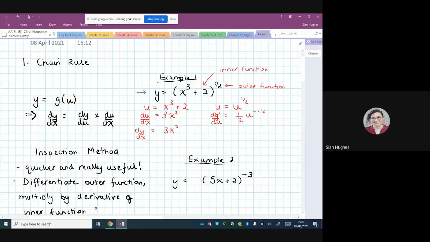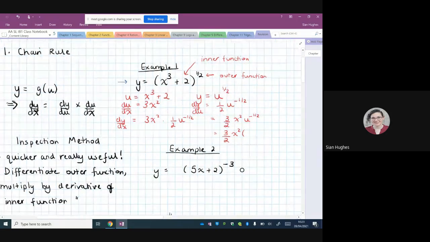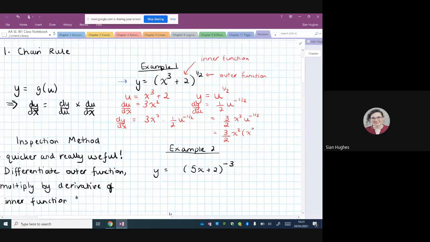So 3x squared times half u to the minus half, which we would probably prefer to write as 3 over 2 at the front, x squared u to the minus half, and to finish it off, we should replace the u back with terms in x.